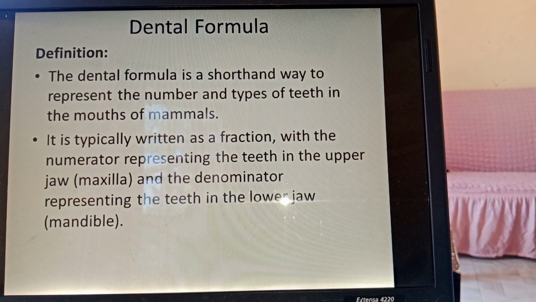The dental formula is a shorthand way to represent the number and type of teeth in the mouth of mammals. It is typically written as a fraction, with the numerator representing the teeth in the upper jaw, maxilla, and the denominator representing the teeth in the lower jaw or mandible.